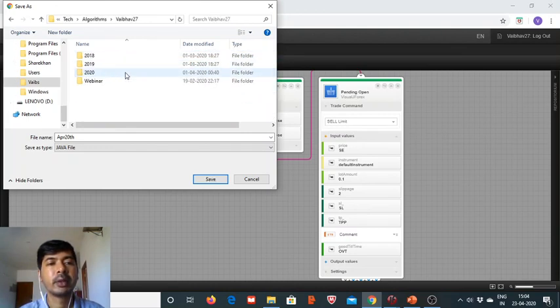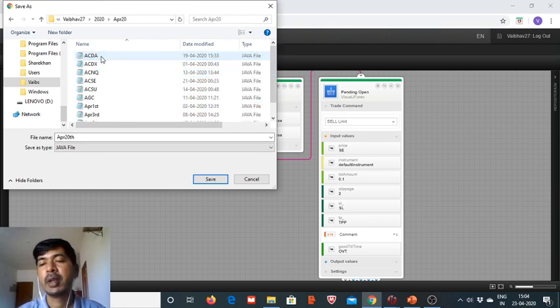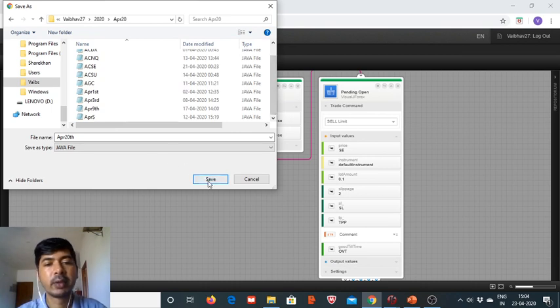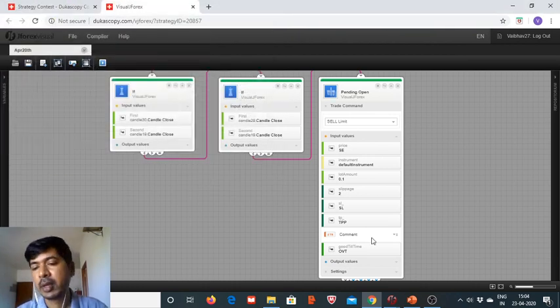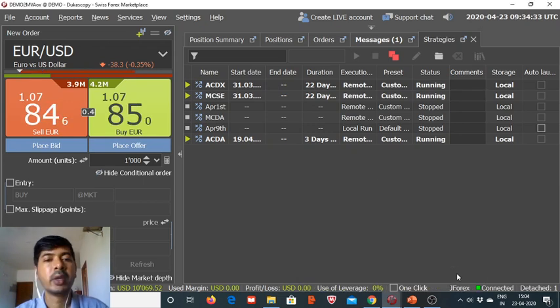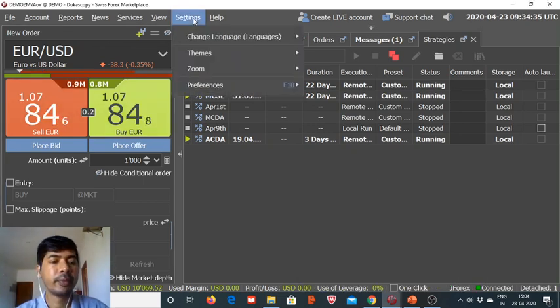We'll save it and then do the testing for a minute. Okay, we got the folder, and we have to now import the same file here.